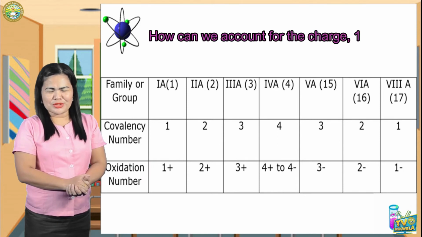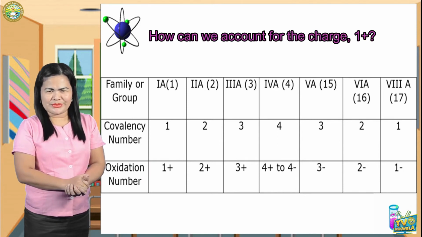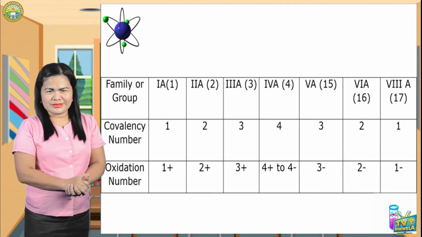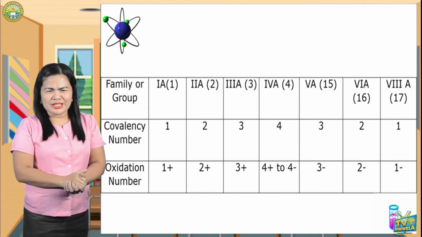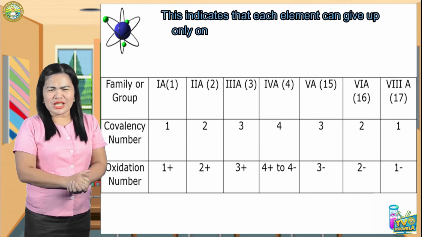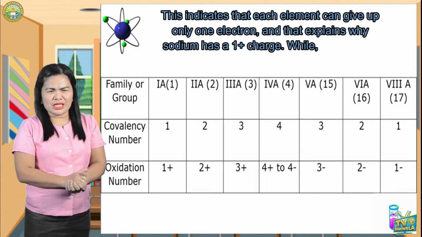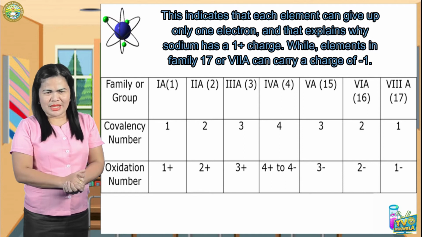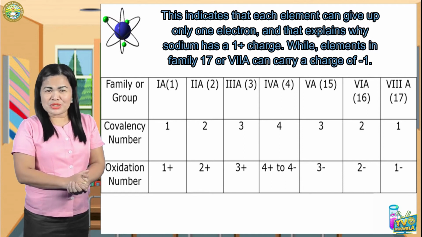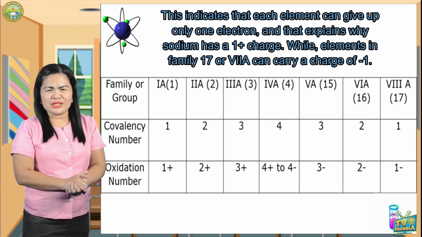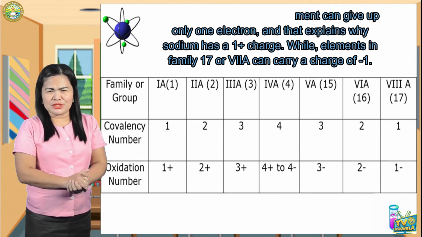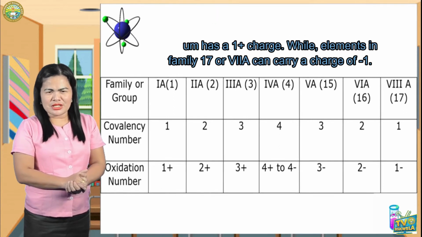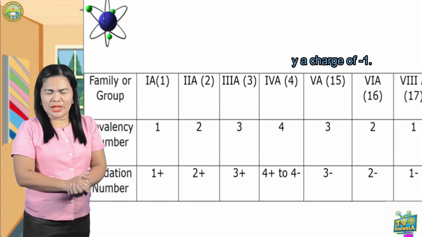How can we account for the charge positive 1? Very good, students! This indicates that each element can give up only one electron. And that explains why sodium has positive 1 charge, while elements in family 17 or 7A can carry a charge of negative 1.